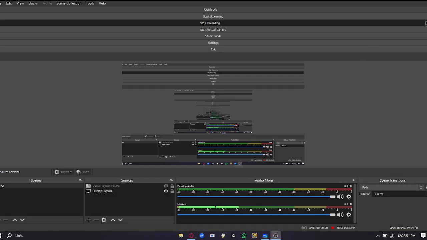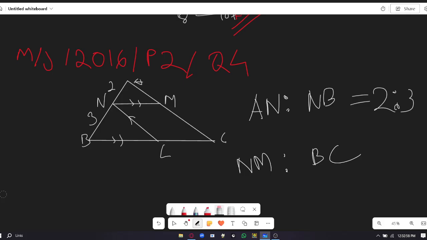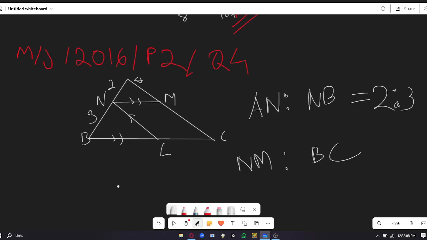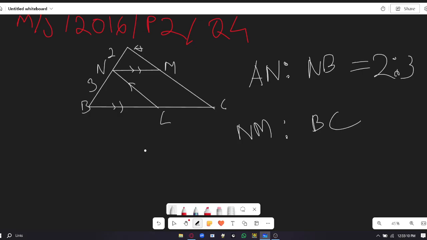Wait. Okay, so... Oh, I made a mistake. I made the most silliest of mistakes. Big with the small triangle. I forgot that this means addition of these two. So, it is exactly what I think it is. So, it's NM by BC. This is equal to 2, the small one, by the big one, which is 5.